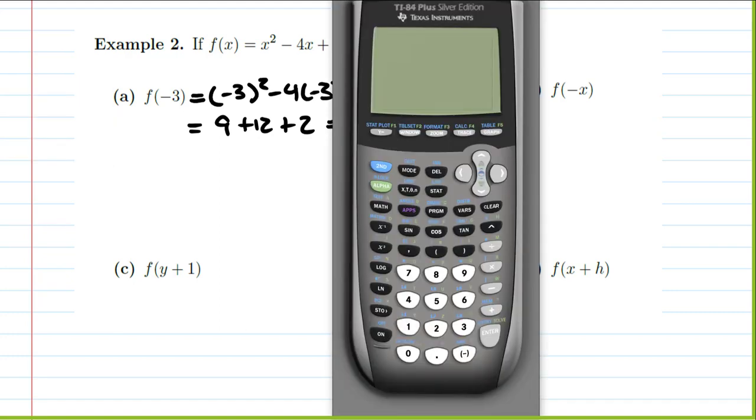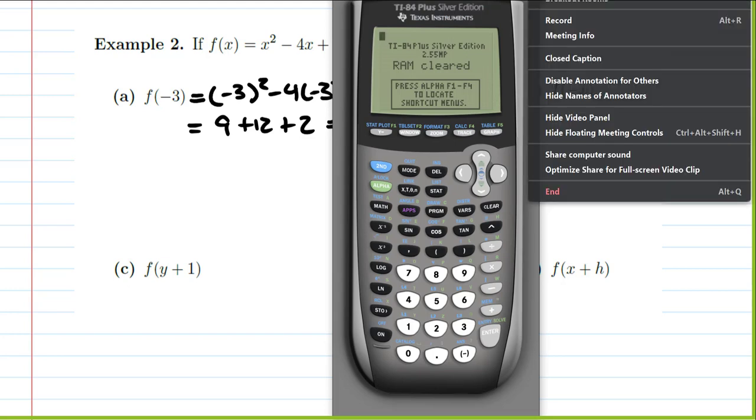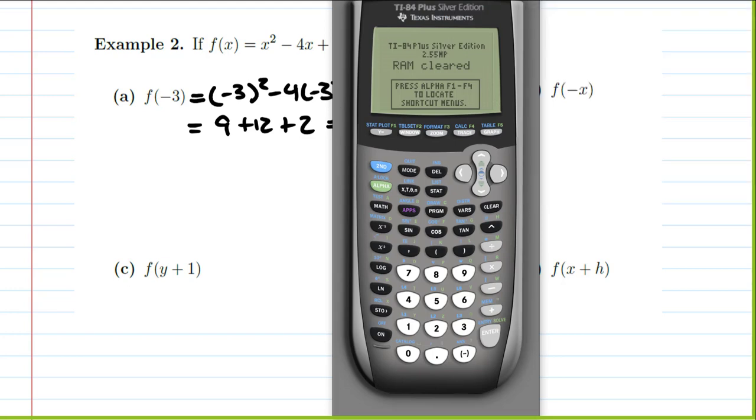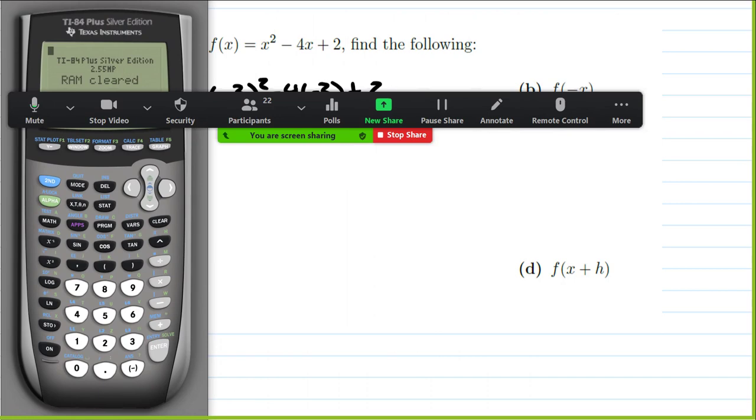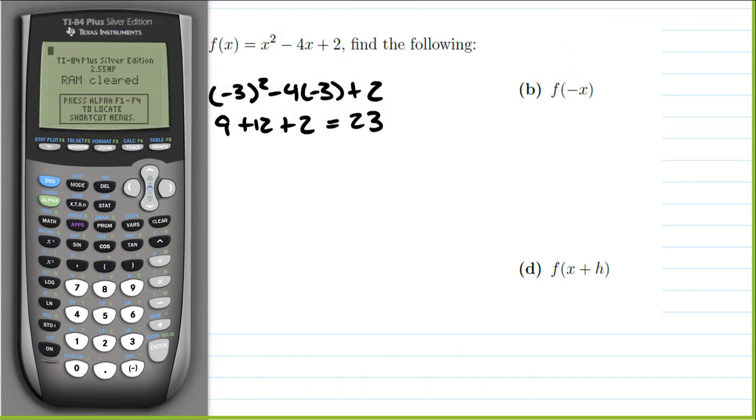What you may not know is that we can also use our graphing device to help us evaluate this function. So if we bring our calculator over here, we press our y equals, and we put in x squared minus 4x plus 2.